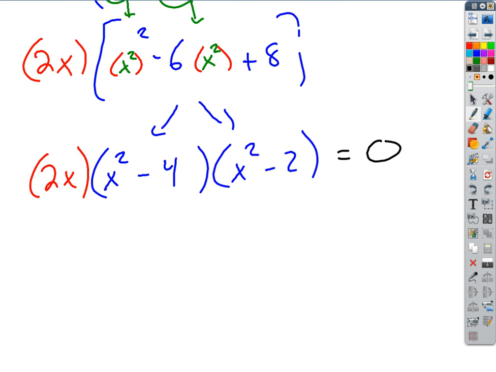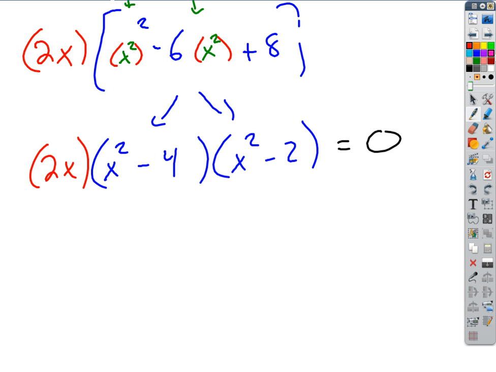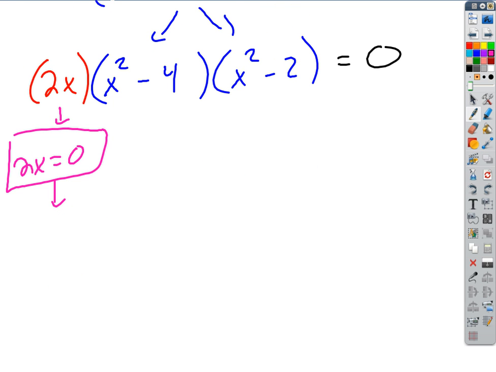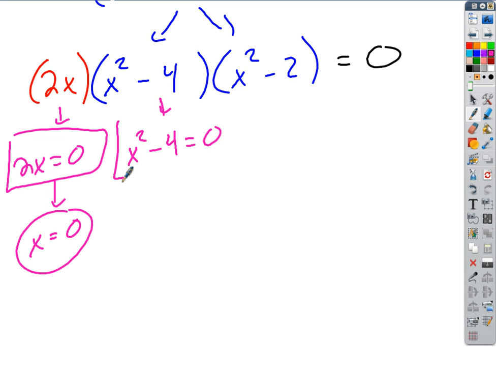The first one, for example. If I set 2x equal to 0, what's x? 0, right? So one answer is x equals 0. Now, what if we set this equation equal to 0? X squared minus 4 equals 0.